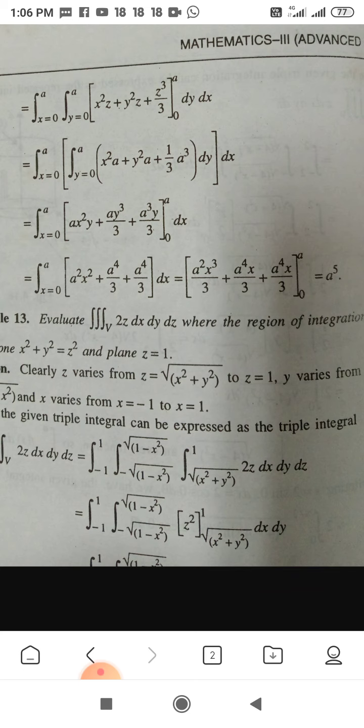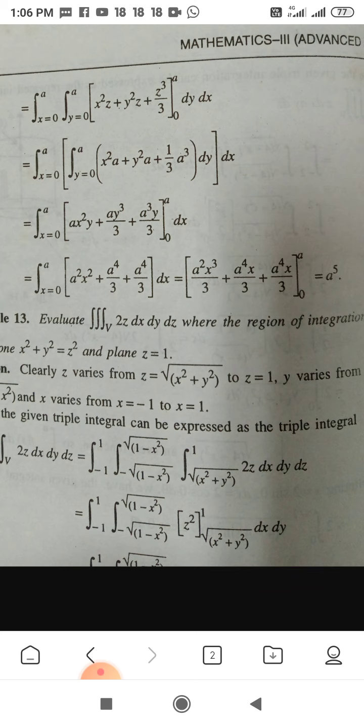At the place of y, when we put 0, all terms will vanish and only those terms remain in which we put y is equal to a.